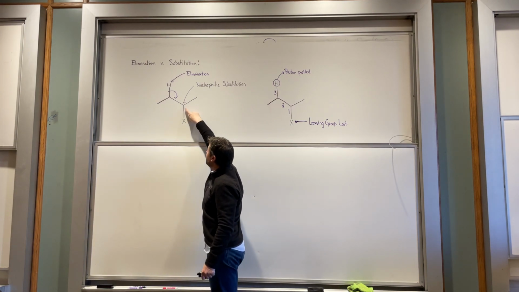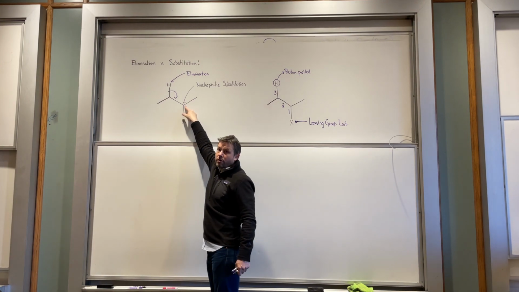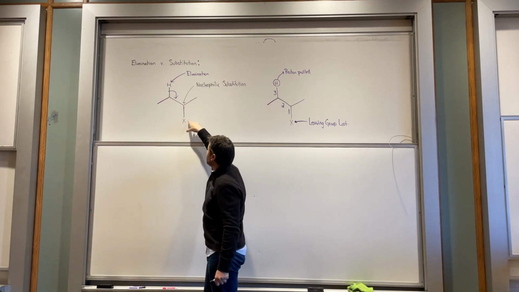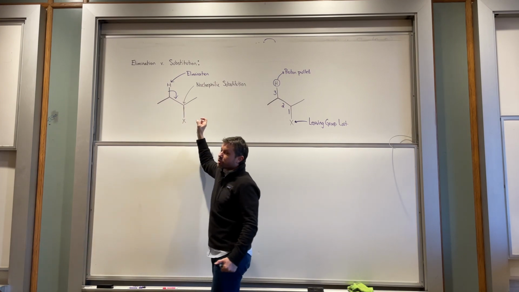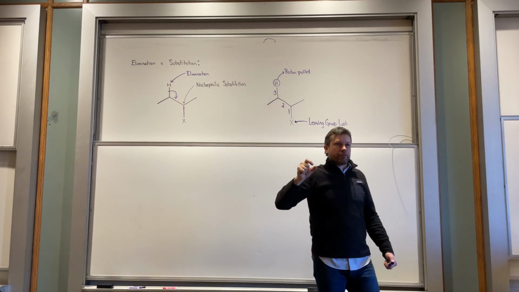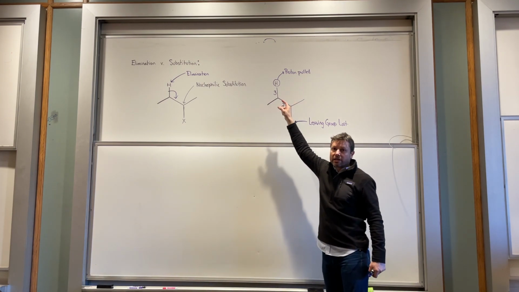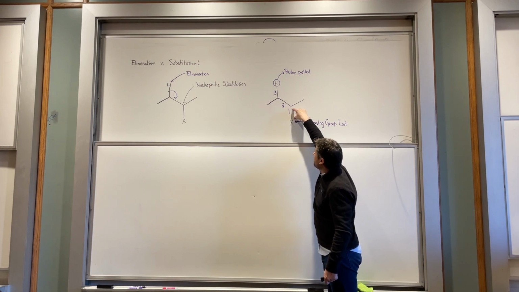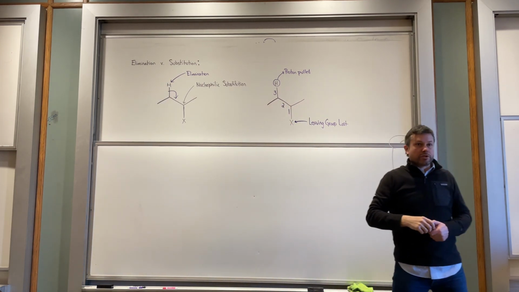For substitution, X is the leaving group, and the nucleophile has to come into this carbon, whether it's SN1 or SN2, and kick out the leaving group. For elimination, we're interacting with a proton that's 3 bonds away from the leaving group. You have your leaving group, a bond to carbon, another carbon-carbon bond, and then the third bond is connected to the proton.